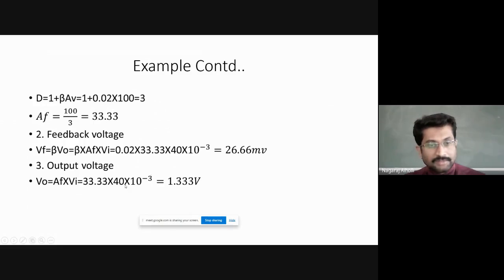Tell me the answer here. 33.33 into 40 into 10 raised to minus 3. How much are you getting, students?